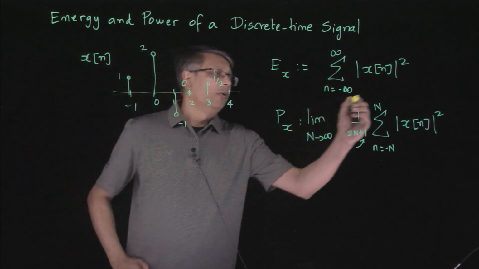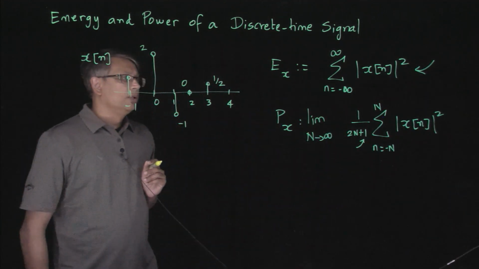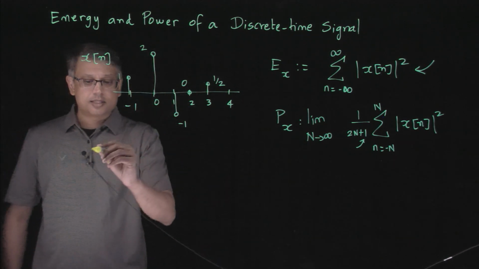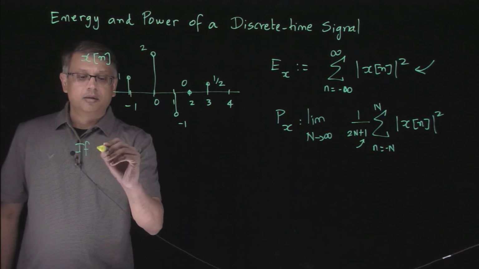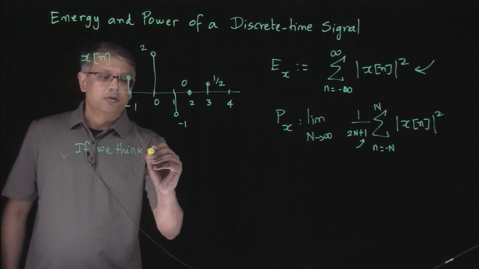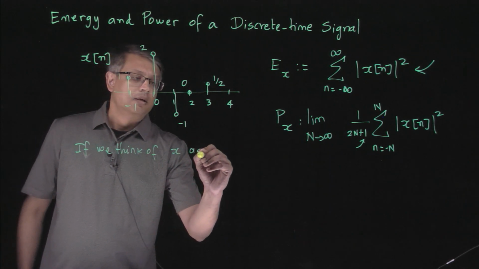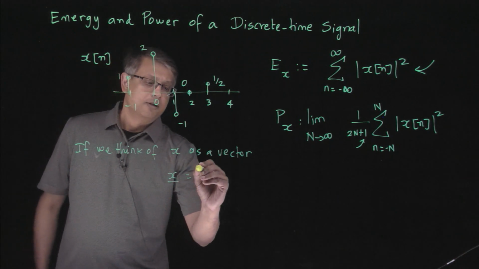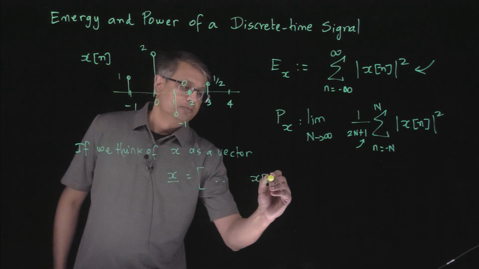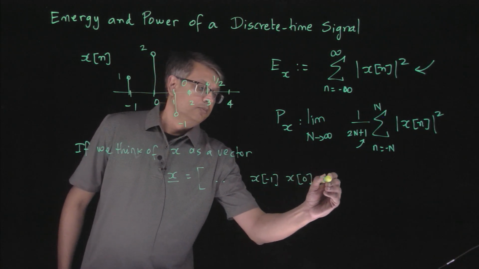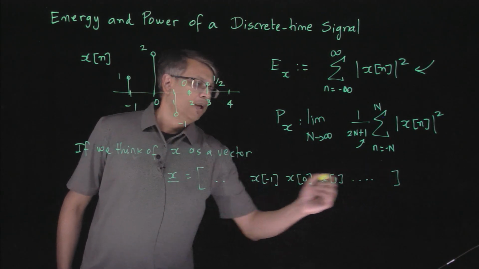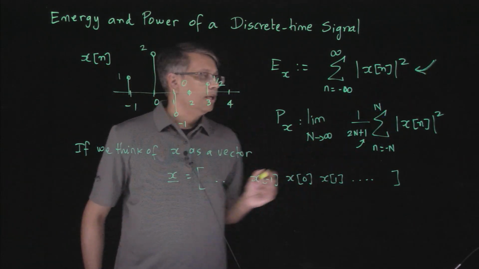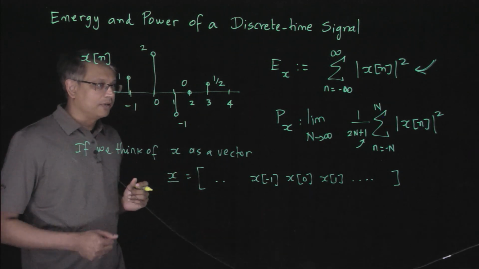Now, if you look at this definition of energy, you will notice that this is actually a very familiar quantity. If you think of x as a vector, if we think of x as a vector with components given by x of n, then you can see that our definition of energy actually gives you the square of the length of this vector, right?